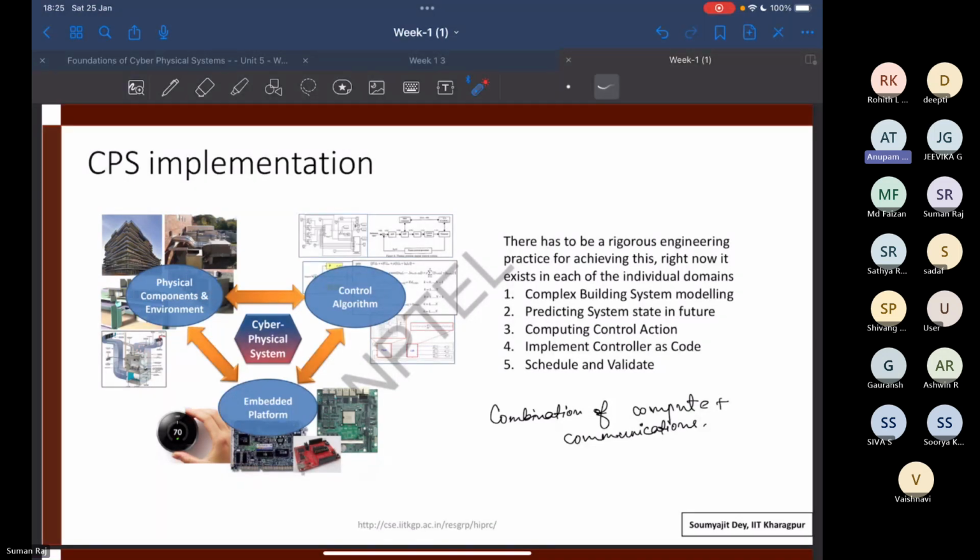Whenever we say attack, that is only in the communication or in the computer. So it is both. I think it's a very broad term. Even if your network is attacked, you always say a cyber attack, and even if your computer is attacked, you say it's a cyber attack, right? So something which incorporates your compute or your communication, both of them can be classified as a cyber thing. Okay.